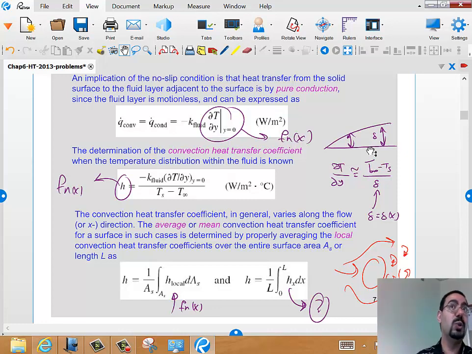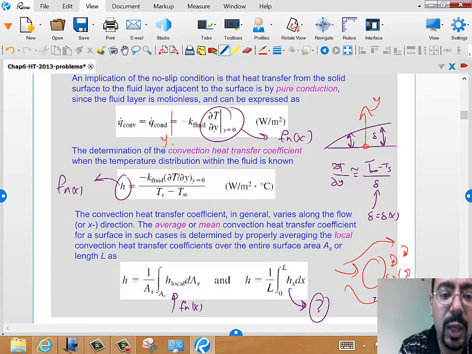In both cases, whether the air is moving or not, still the first layer is conducting. The air movement is just changing the temperature profile at the wall, but the first layer is always conducting. So Q convection is Q conduction at, if this is y, at y equals 0. All right?